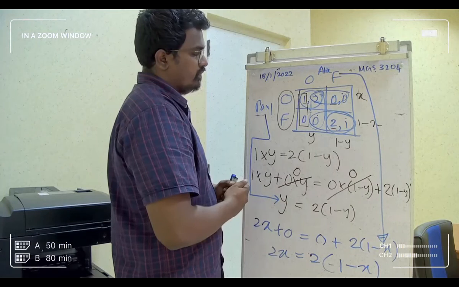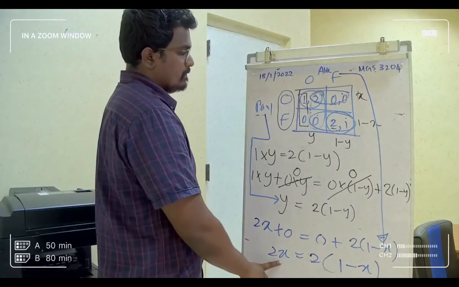Excuse me, sir. In 1 minus x, is it 1 or 2, sir? Because I think with 0 and 1 we can go with the 1. 2x equals, is it 2 minus 2 into 1 minus x or 1 into 1 minus x? The 2x is okay, sir.